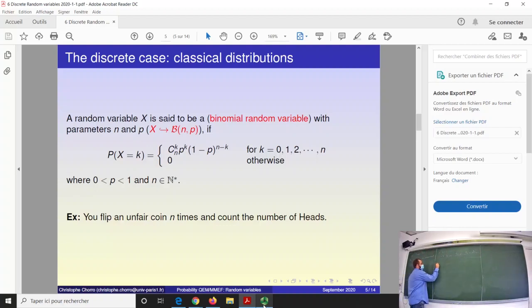And now I suppose the result true for n minus 1, and my job is to prove it for n. So my induction hypothesis is the fact that X1 plus ... plus X(n minus 1) follows a B(n minus 1, p). It's my induction hypothesis.